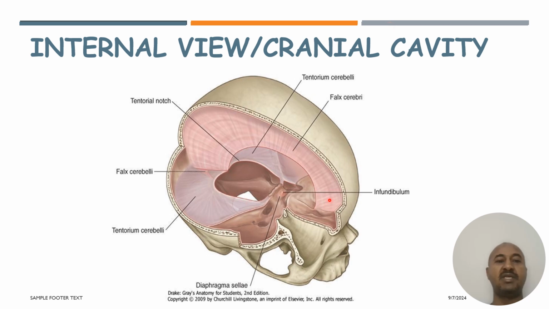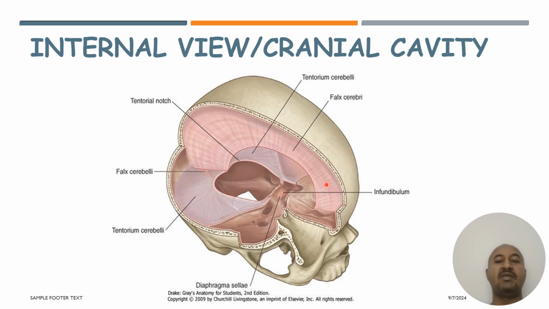So let us just quickly look at the falx cerebri. This is the falx cerebri, and the falx cerebri and tentorium cerebelli, both of them are important dural folds that provide structural support to the brain. The falx cerebri looks like a crescent, as you see here.